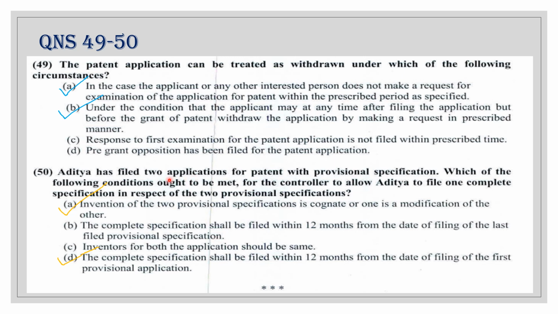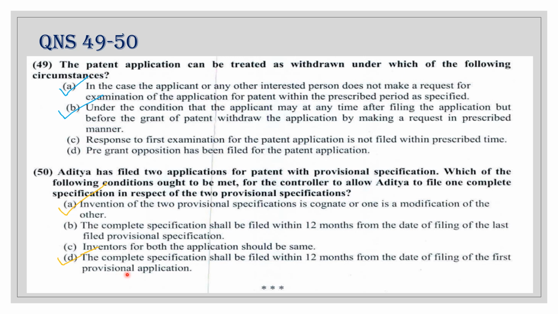I am reading the question again. Aditya has filed 2 applications for patent with provisional specification. Which of the following conditions ought to be met for the controller to allow Aditya to file 1 complete specification in respect of the 2 provisional specifications? Fine. Option A is the invention of the 2 provisional specifications is cognate, that means related, or one is a modification of the other, then it is fine.